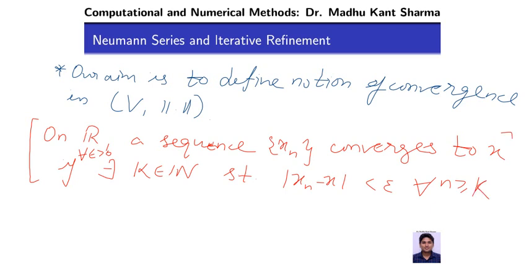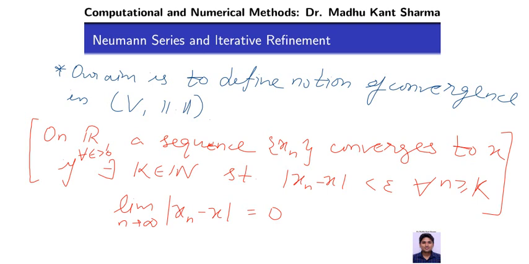In other words, the limit as n tends to infinity of mod of xn minus x is equal to 0.